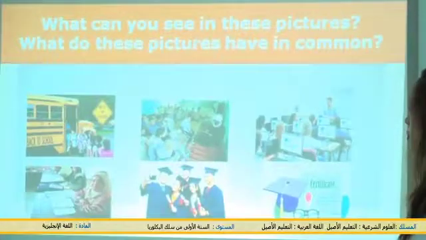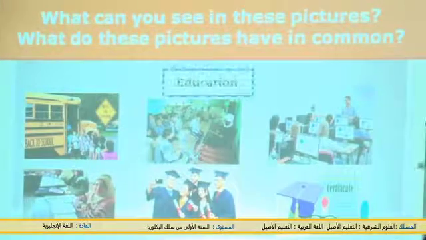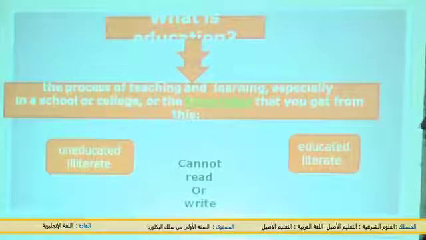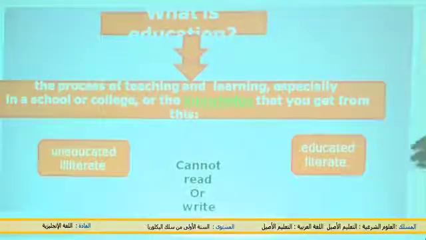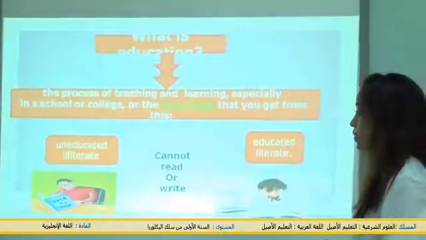So what is education then? Education is the process of teaching and learning, especially in a school or college, or the knowledge that you get from this. The result can be an educated or literate person, or an uneducated or illiterate person.